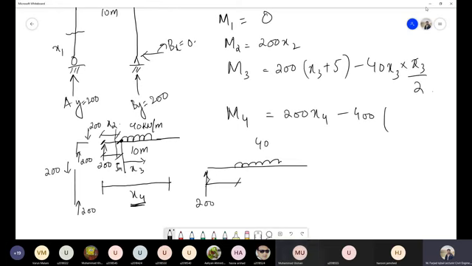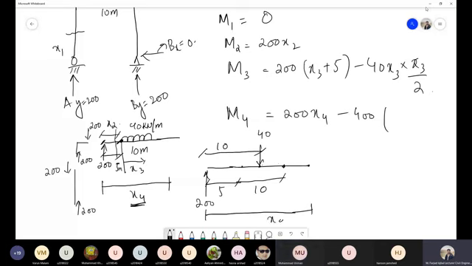This distance is 5. This distance is 10. So if I convert this into a point load, that will be 400, acting at a distance of 10. And our x4 is somewhere over here. So now give me the equation.